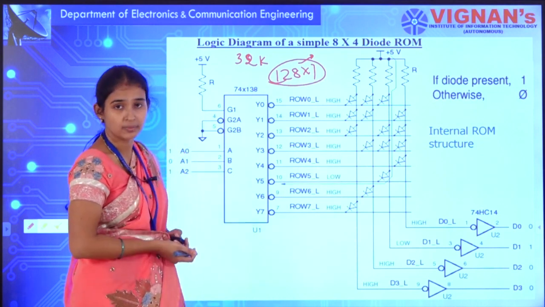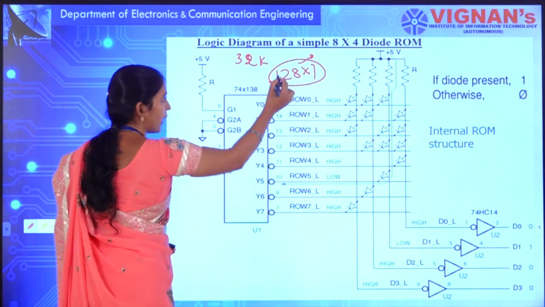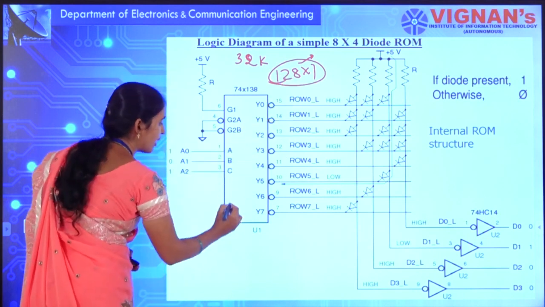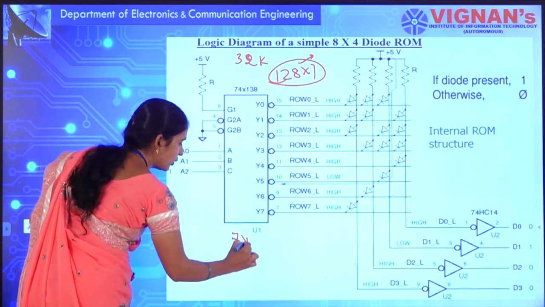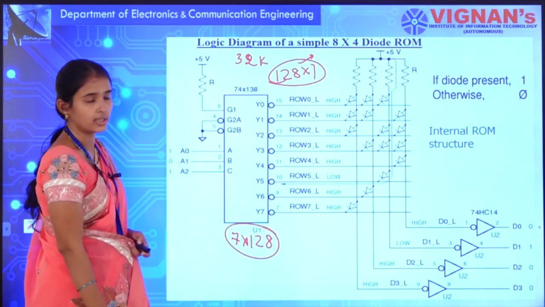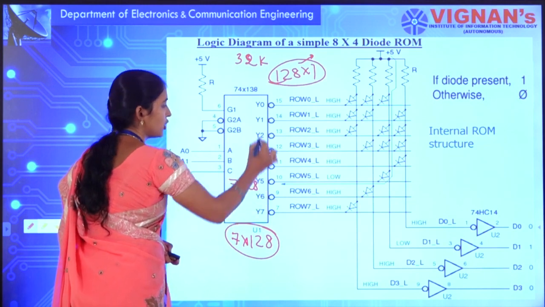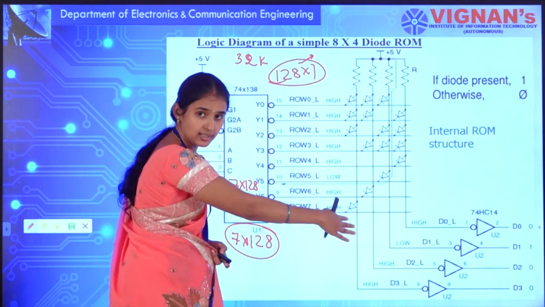Suppose I want to design a 128 by 1 ROM. What happens then? You require 128 outputs. That means you have to take a 7 by 128 decoder. You will get all 128 lines.